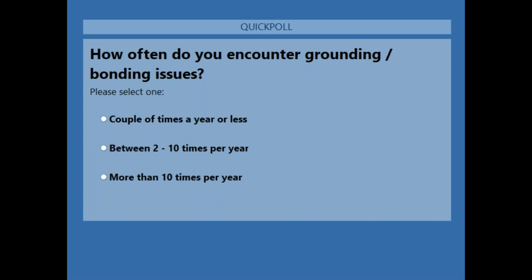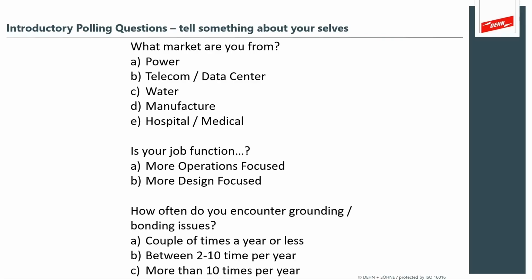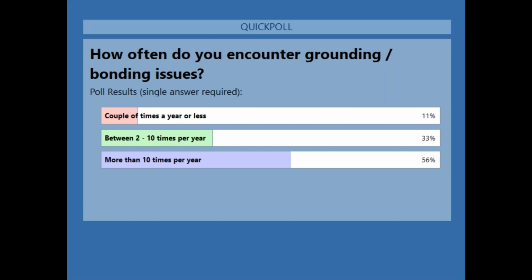We'll give the audience a moment to select what they think their experience is. Excellent. Quorum's been reached. Oh, okay. Well, this is highlighting Florida, so welcome to the party. Thank you for that feedback, everybody.